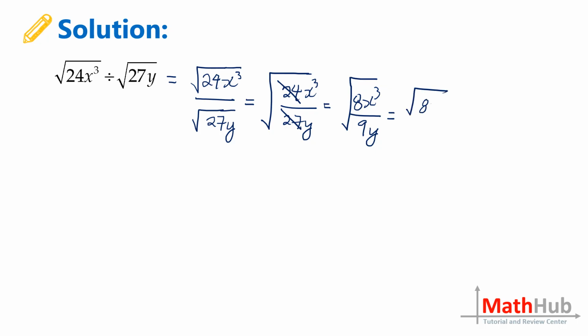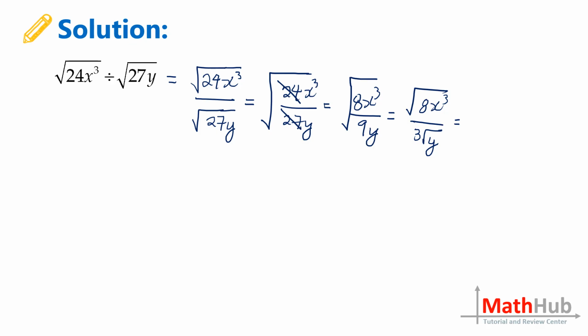Square root of 8x cubed over square root of 9y, we get 3 square root of y. I can still simplify the numerator. Let us recall that if you have a coefficient inside your radical sign, in this case 8, and it's not a prime number, you should always express it in its prime factorization so that you can simplify the radical.